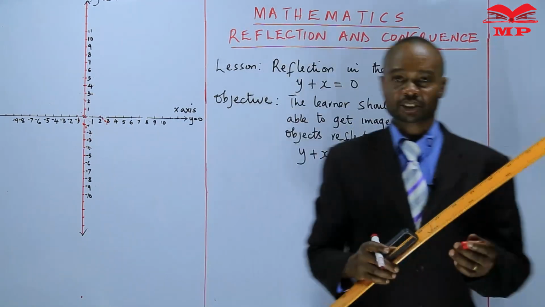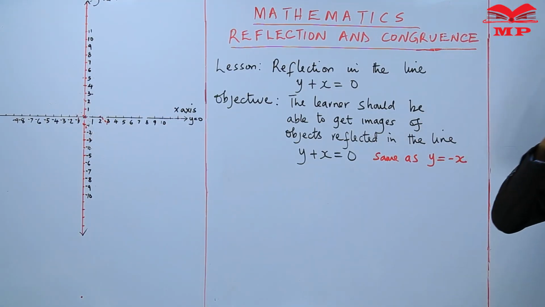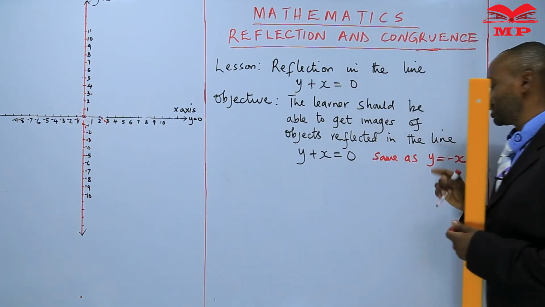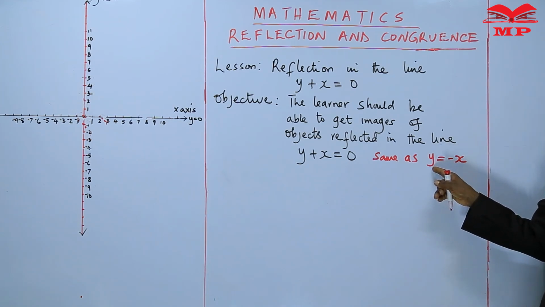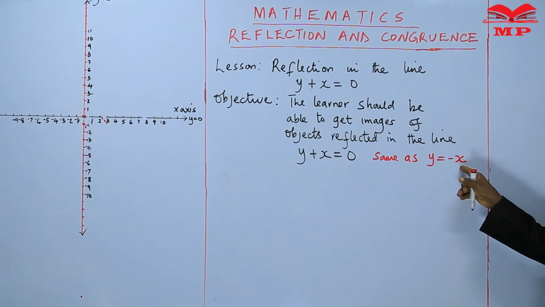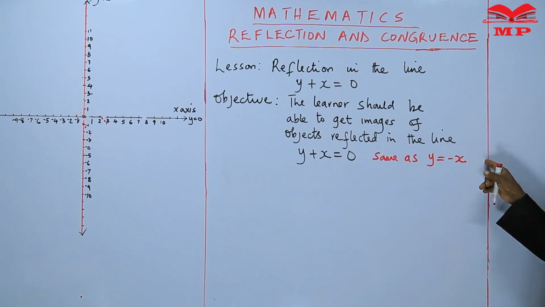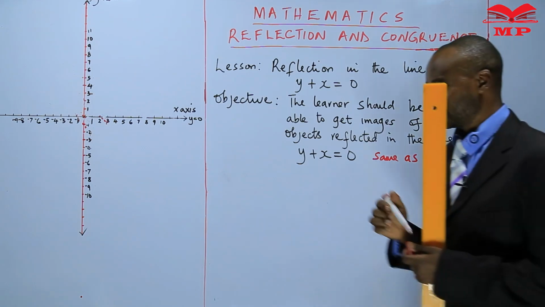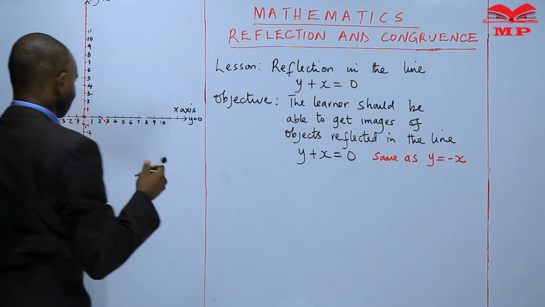I'm just doing that so that we can easily deduce the points to help us plot that line on the Cartesian plane. It means if y is 1, x will be negative 1. If y is 3, x will be negative 3. Those points will help me to plot that line.